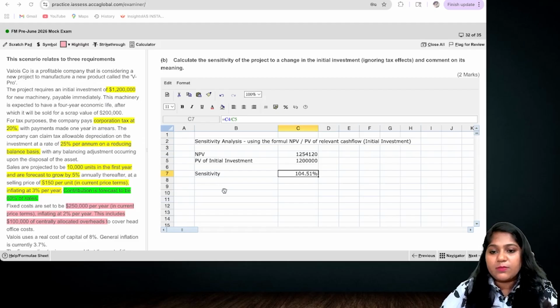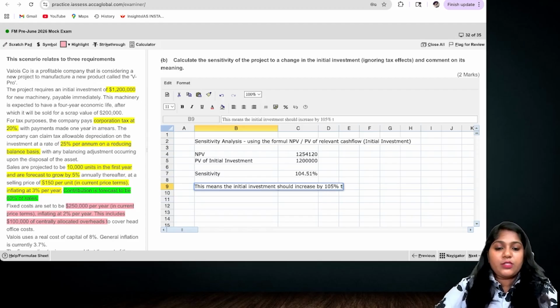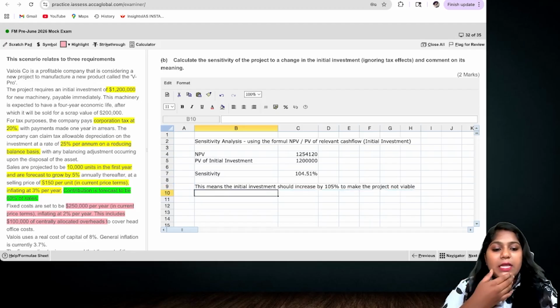This means the initial investment should increase by 105 percent to make the project not viable. I mean, I have to double the investment so that the project becomes not viable.